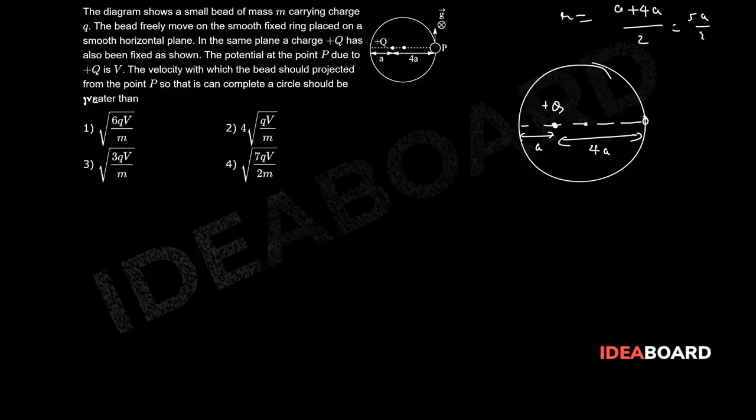Now in this diagram, suppose we have v1 as the minimum velocity required.